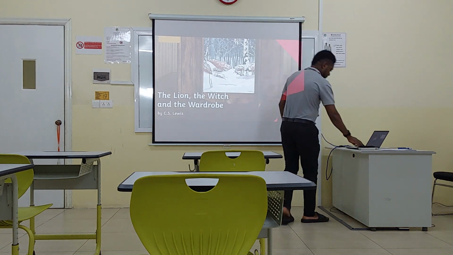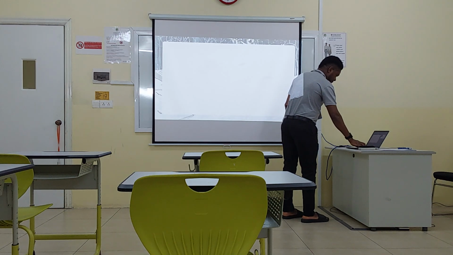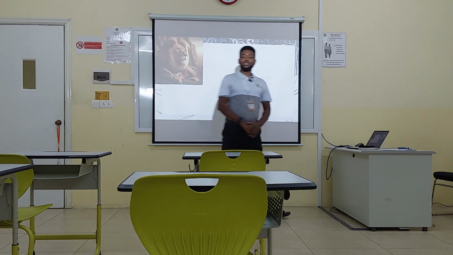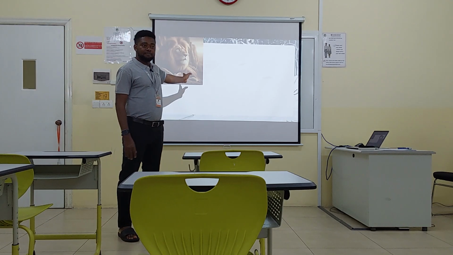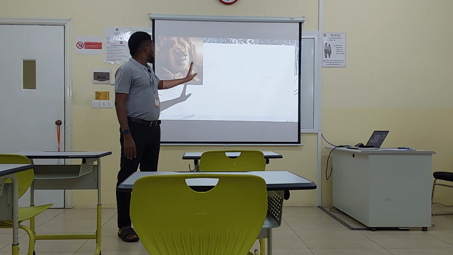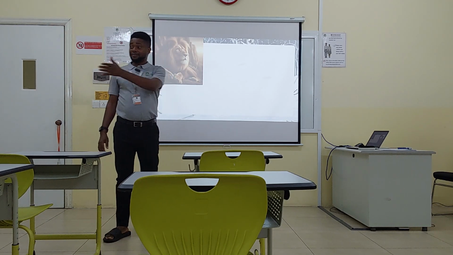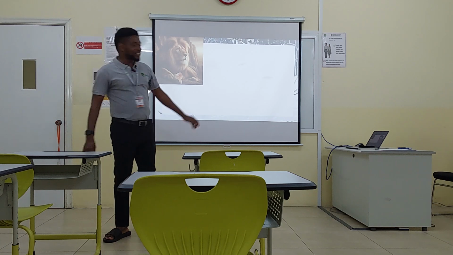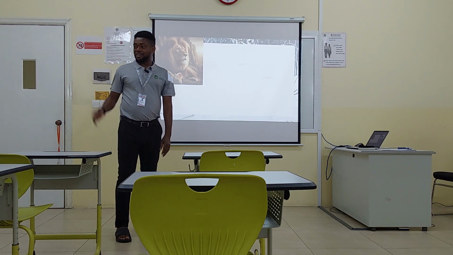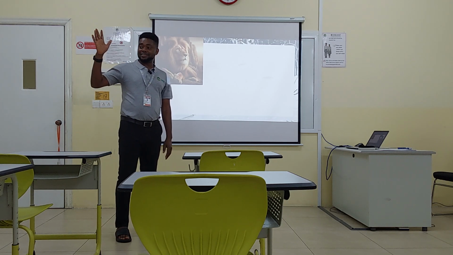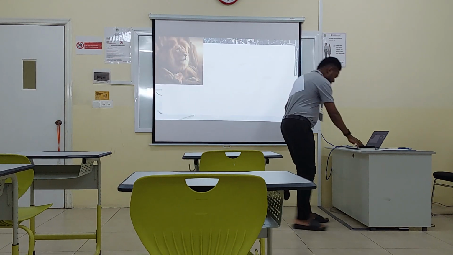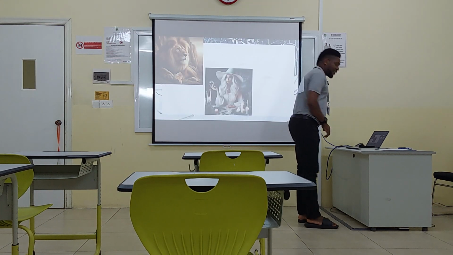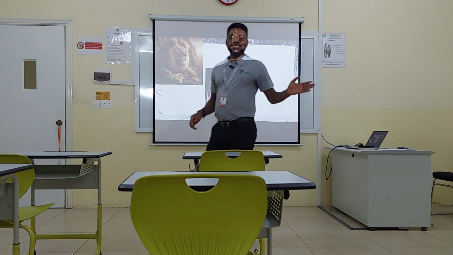Let's see. First, I would like us to... Who can tell me what this is? I mean, what is this? A lion. Okay. What kind of lion is this? Asian, white, African? Asian. Oh, wow. Okay, let's see. And this?